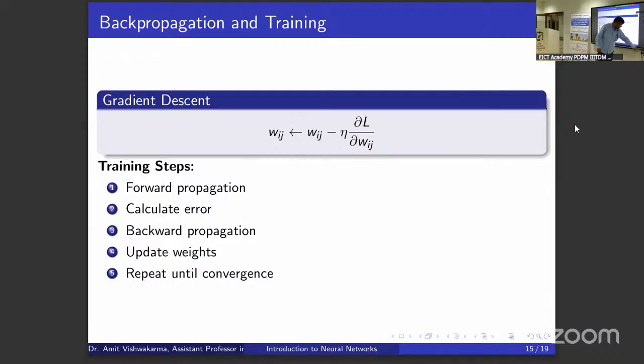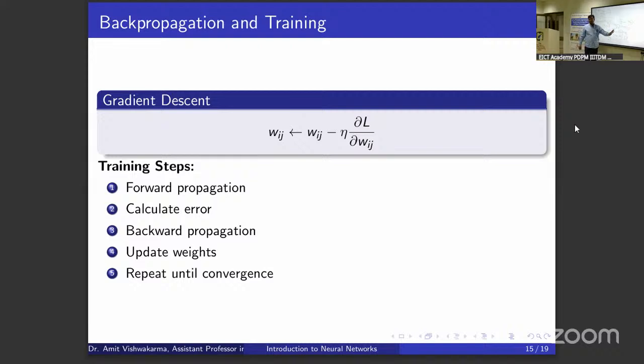Okay, let me try explaining using this diagram. This is the output, and we are getting some MSE, or let's say loss. Now see, this is the loss. Take the differentiation.